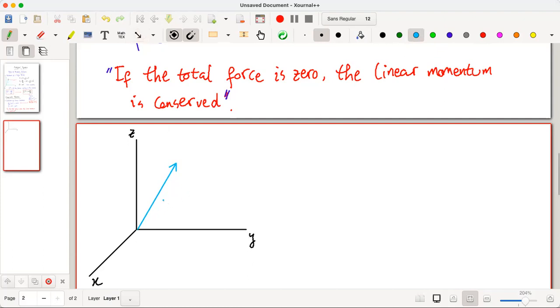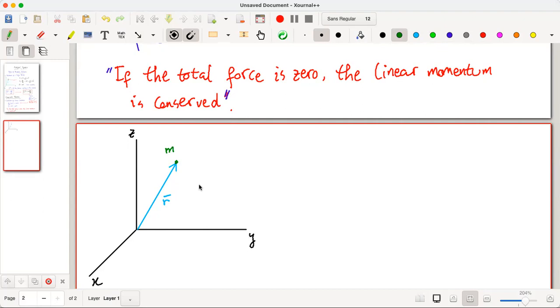Let's say this particle is denoted by this particle with mass m. Now suppose that the particle is subject to an external momentum.